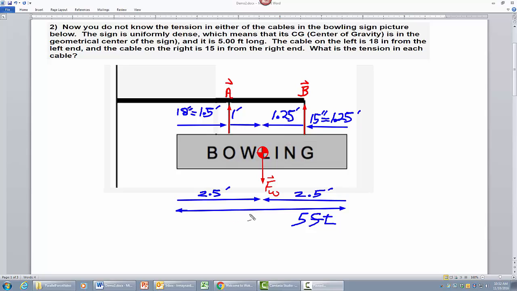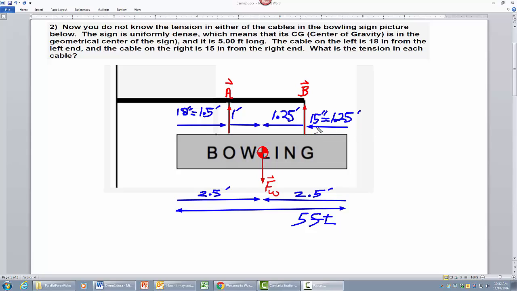The length of the sign is 5 feet. Since the weight is concentrated at the center of gravity of the sign, since it is uniformly dense, no air pockets, no rocks, no holes, that means that the center of gravity or weight vector acts at 2.5 feet from each end. We're given that the left supporting force vector, or A, is 18 inches or 1.5 feet from the left end of the sign.